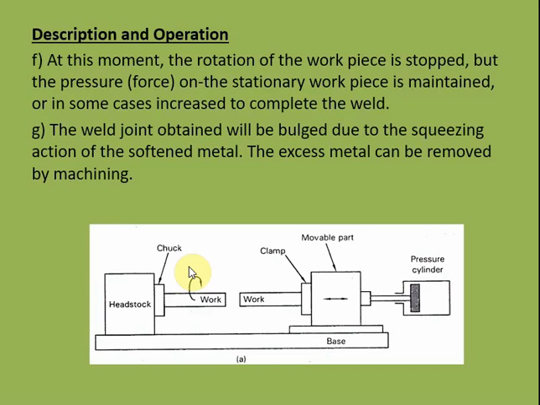Once the required welding is completed, we remove the workpiece, allow it to cool, and the bulged portion or unwanted material is removed by machining or chipping. So this is some kind of upsetting method, reducing the length. So we should always allow some extra allowance for this reduction in length.